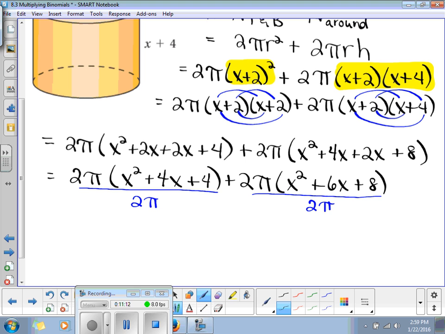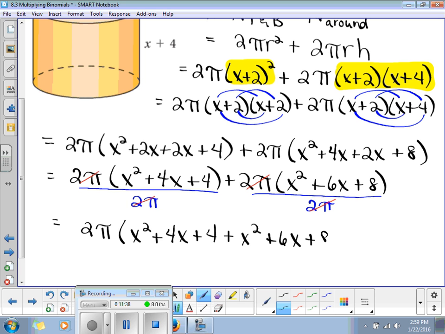So we end up with 2 pi, and we're left with this stuff inside, because this cancels, right? Now we're just left with the stuff in parentheses. So we've got x squared plus 4x plus 4 plus x squared plus 6x plus 8.